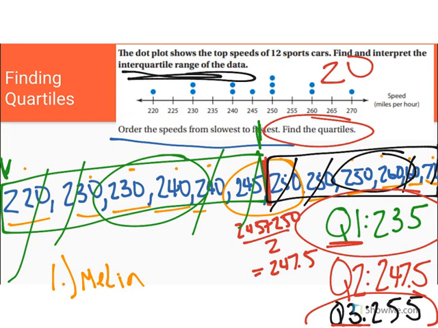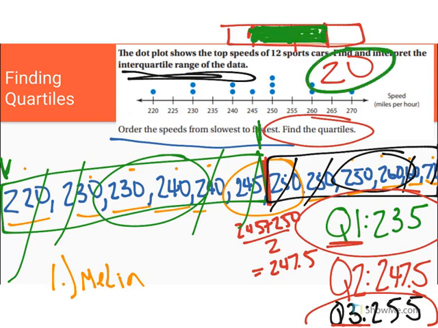That means that from the first quarter of my data up to the third quarter of my data, your distance between your first and your third quartile is the middle half of your data. So the middle half of my data has a width of 20. In this case, the middle half of my sports cars have maximum speeds that differ by 20 miles an hour.